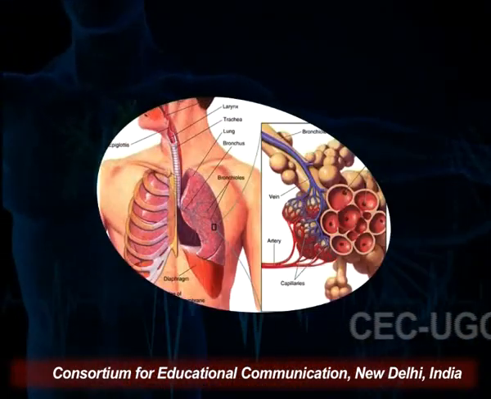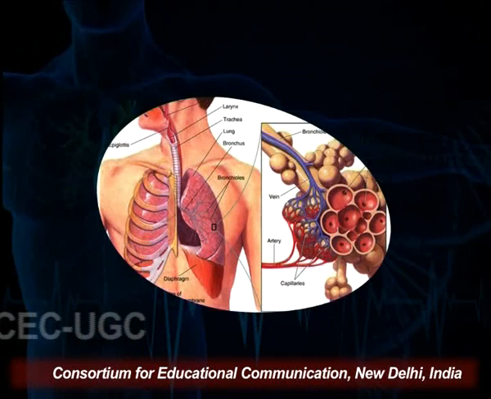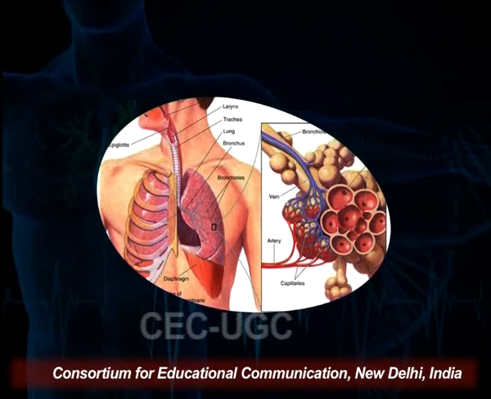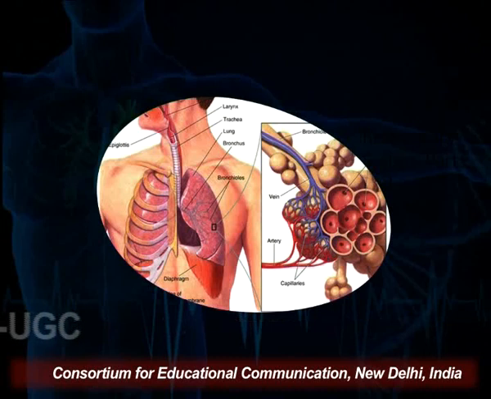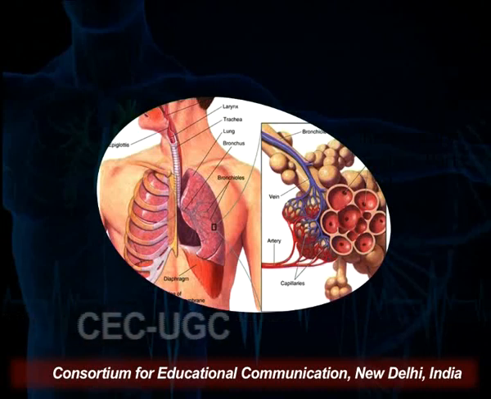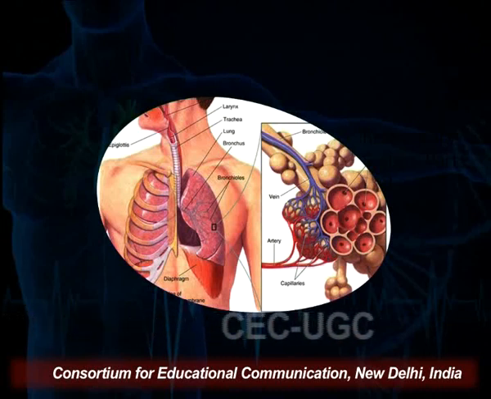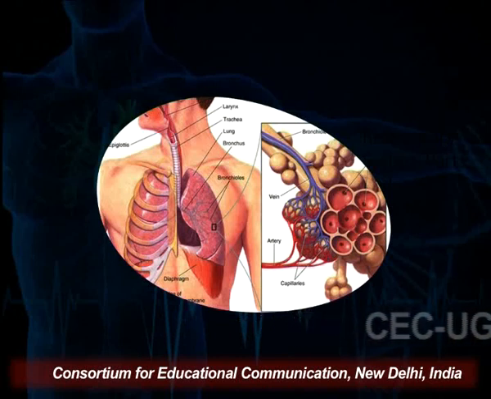So, now we are going to study about the different parts of the respiratory system. We can see the diagram of the respiratory system also. In this diagram, we can see that we inhale oxygen through our nose and our mouth, then it goes into the pharynx, then to the larynx.